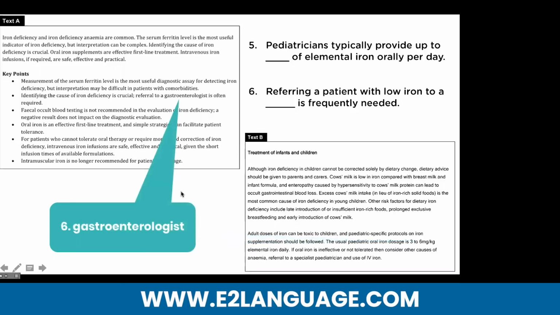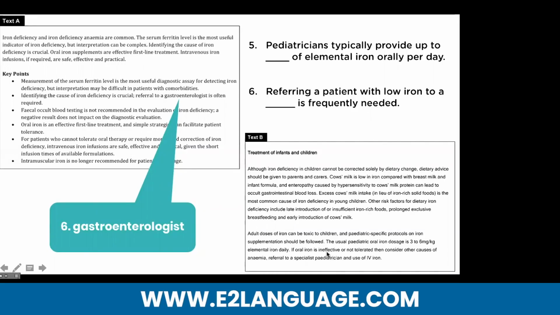Let's try another one. This one might have a gotcha as well. Referring a patient with low iron to a something is frequently needed. Some of you may have chosen specialist pediatrician from down here, but let's read this again. Referring a patient with low iron to a something is frequently needed.